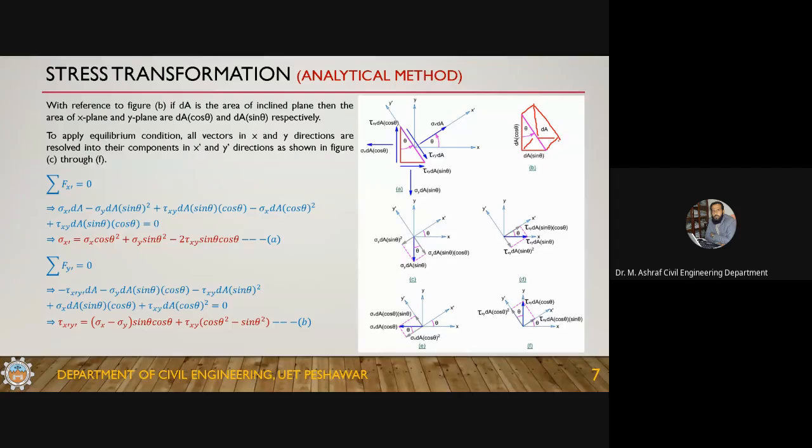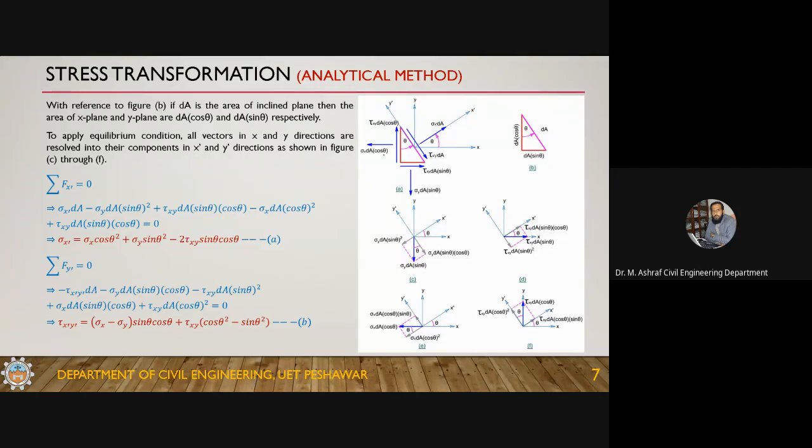Since the thickness of all the elements is the same, if this length is dl, then this is dl sine theta and this is dl cos theta. Since all of them are multiplied with the same constant, if this is dA, then this is dA sine theta and this is dA cos theta. So these are the areas of the elements.